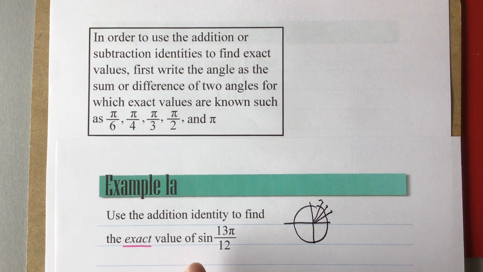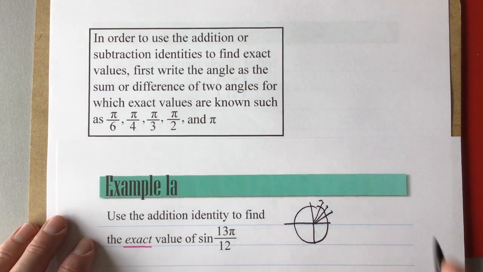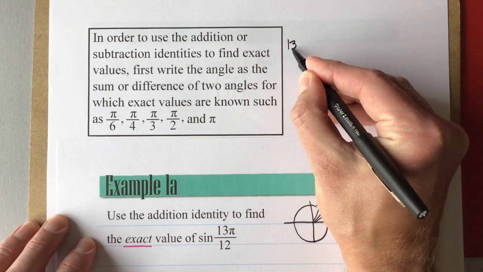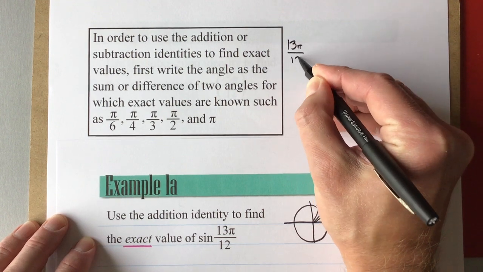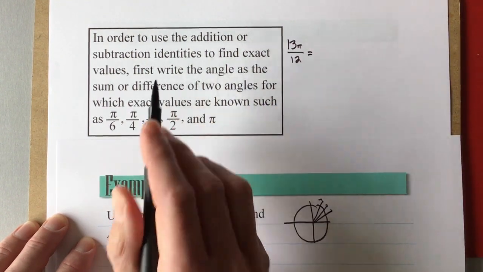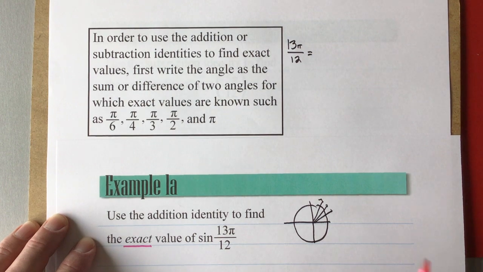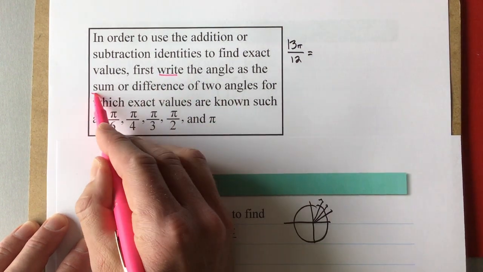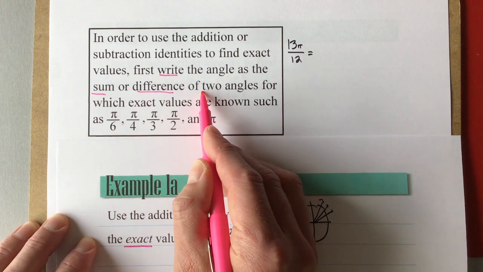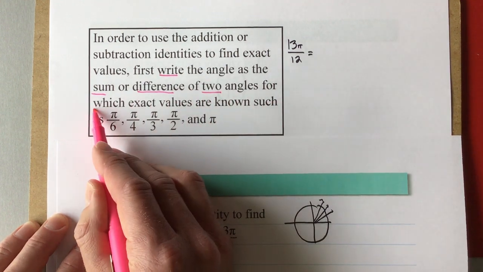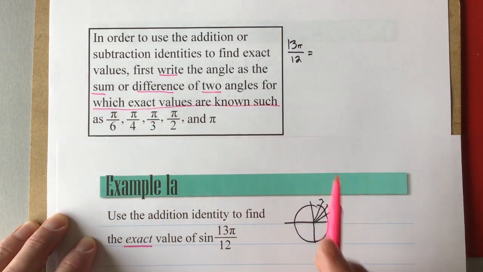So in order to evaluate exactly the sine of 13 pi over 12, here's what I must do first. I must take that angle, 13 pi over 12, and rewrite it as either the sum or the difference of two angles for which exact values are known.